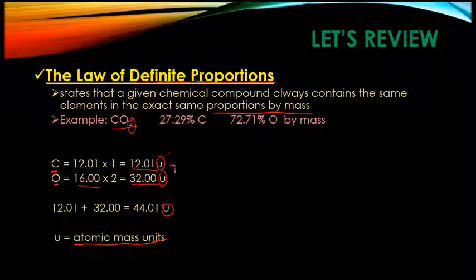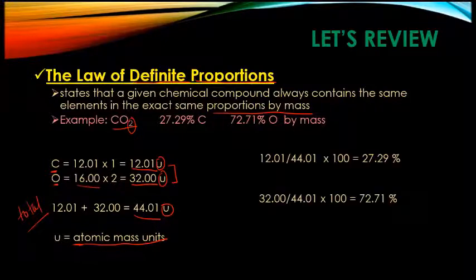Now, once you get the individual masses of the elements in the compound, you must find the total. So you find the total here, and you end up getting the total is 44.01. Now we can calculate the percent of each of the elements in the compound. So for carbon over here, we're going to do 12.01 divided by the 44.01 times 100, and that's where that 27.29% comes from.